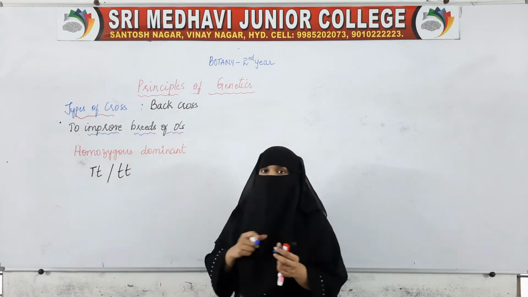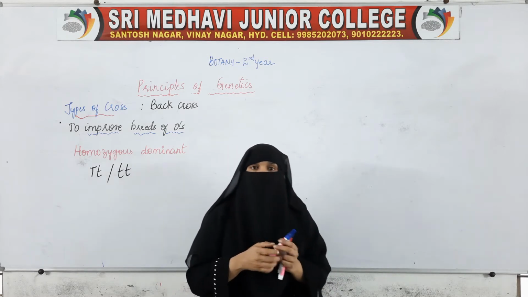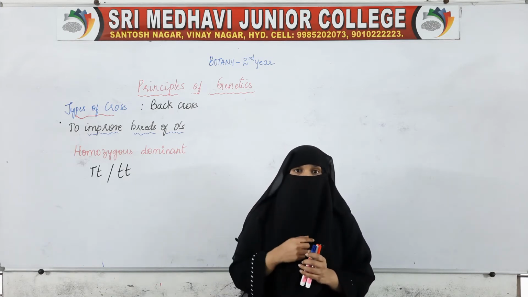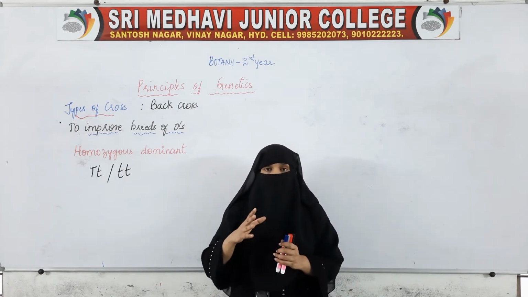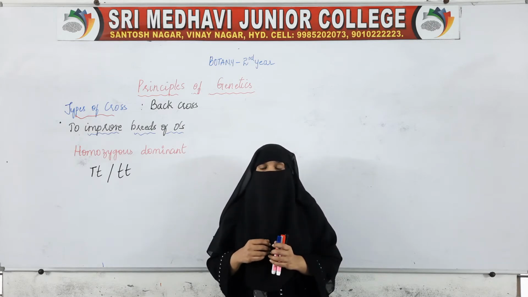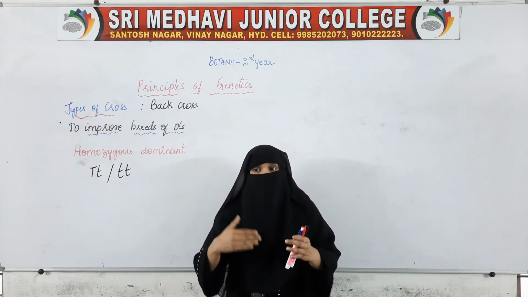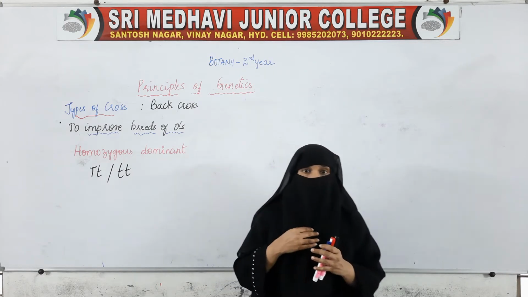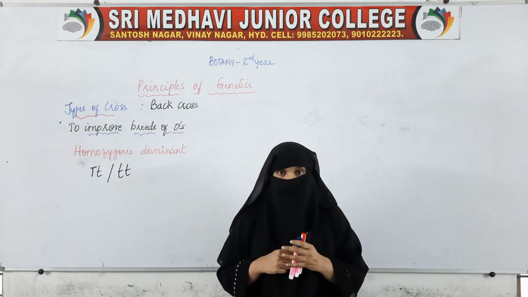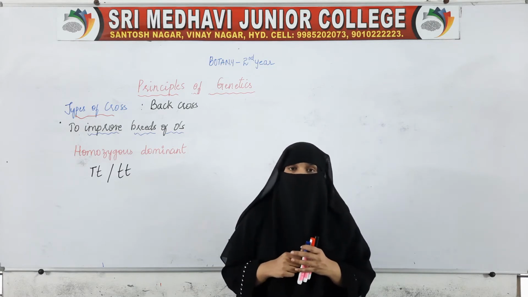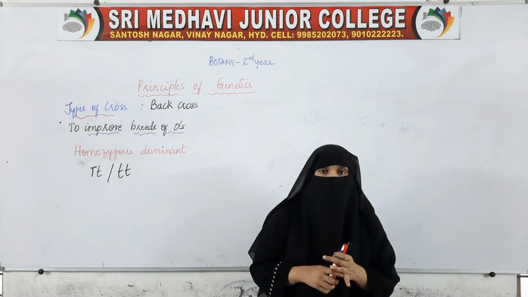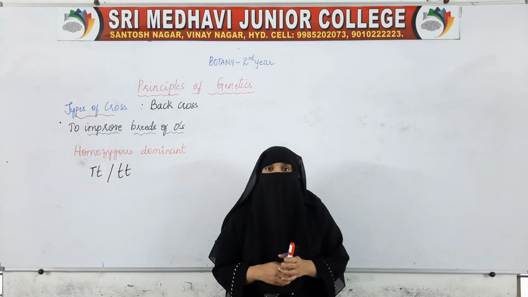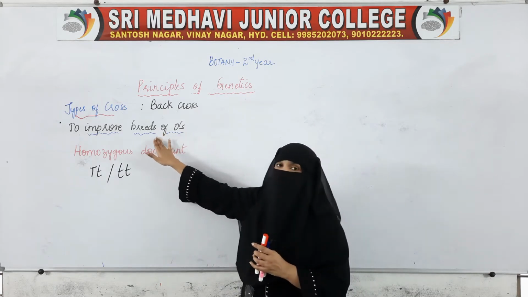For example, if a plant has a certain character and we don't want that character to be expressed in the next generation, that means we have to improve it. We have to remove that unwanted character. So to remove that unwanted character and to improve the breed, we will be doing the back cross.